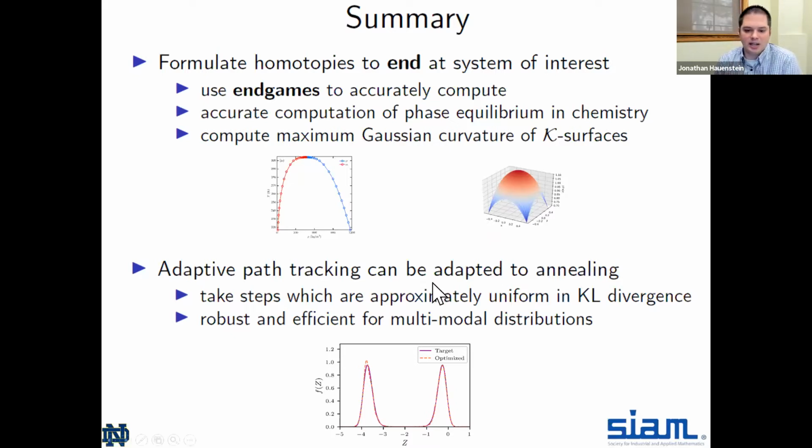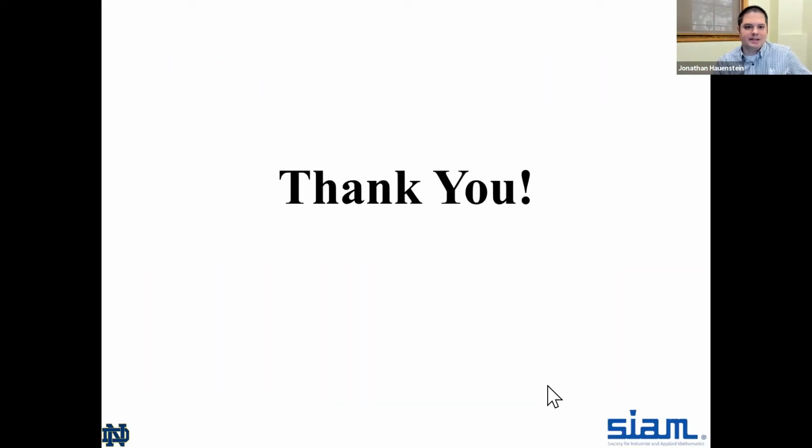And in this variational inference approach, the quantity of interest is the KL divergence, so we set it up to be uniform in the KL divergence. What this shows is you get a robust and efficient way to find these multimodal distributions. You get rid of the bad local minima that appear, and you find the global minimum in a robust way. I'm out of time, so I want to thank everyone for coming, and I'm happy to answer any questions.